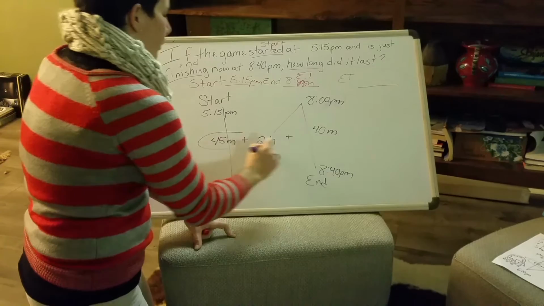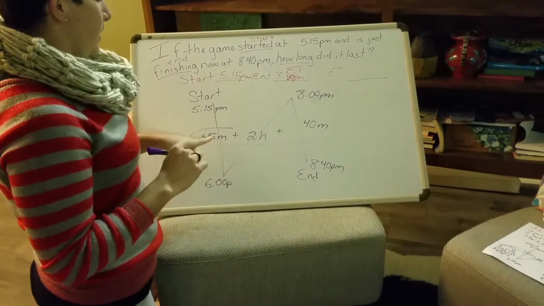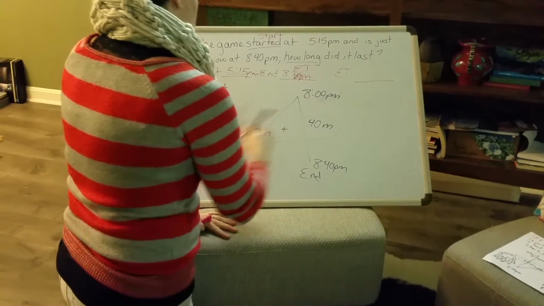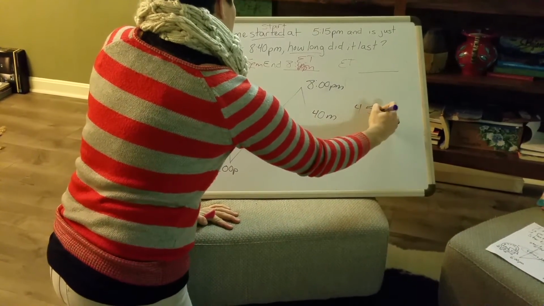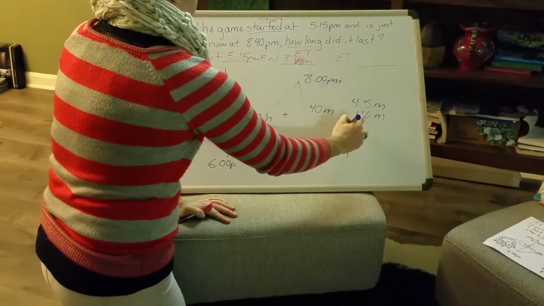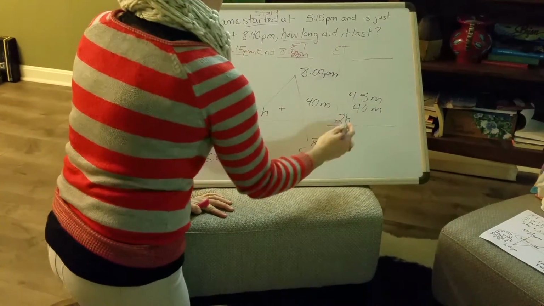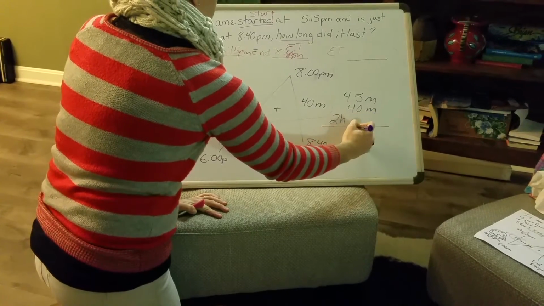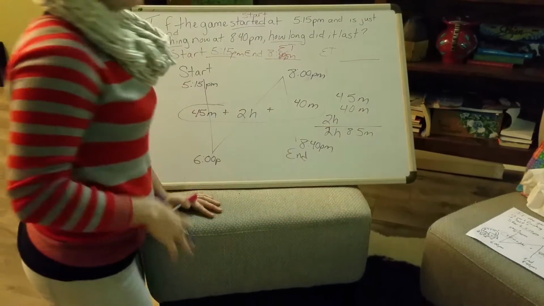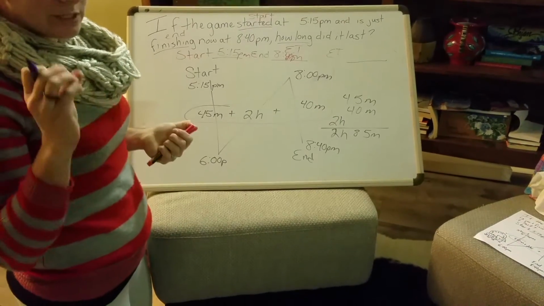And when we look here, this should be our elapsed time. When I have 45 minutes plus 40 minutes, remember we've got to keep like terms together. My hours would be off to the side. When I add those together, I get 2 hours and 85 minutes. We know that's not possible because an hour is 60 minutes.